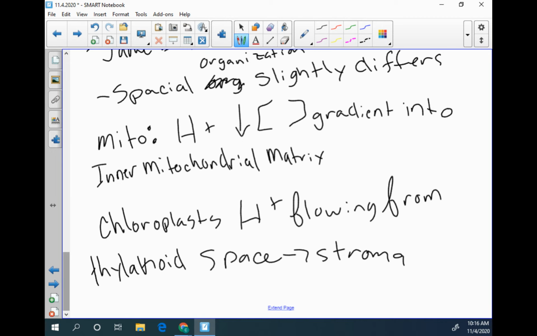With our chloroplasts, our hydrogen ions are concentrated on the inside of the membrane, and in our mitochondria, our hydrogens are outside of that membrane. Which means our ATP synthase would have to be reversed in its orientation. So if ATP synthase is this way in mitochondria, it would be this way in chloroplasts. Okay. And we don't have time to draw a giant picture, which is fine. We can do that later.